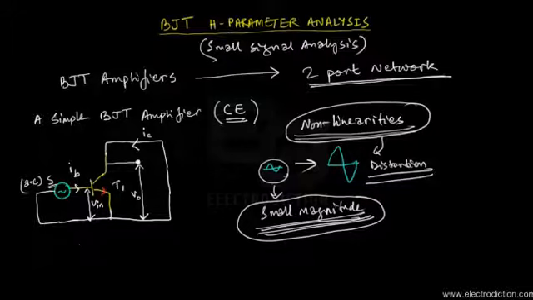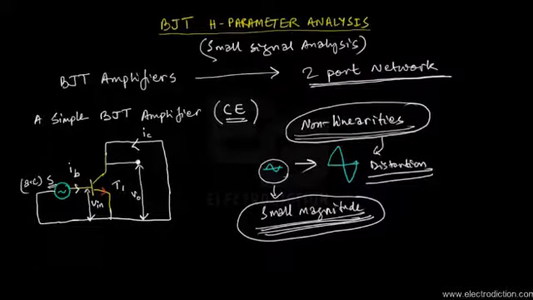Now the entire input current, or input voltage, and even the output voltage and output currents, are all dependent upon this input supply source that is supplying the input AC signal, and the BJT's performance. So under such a situation, we're going to find or learn how we can analyze the BJT's performance according to the H parameter model.